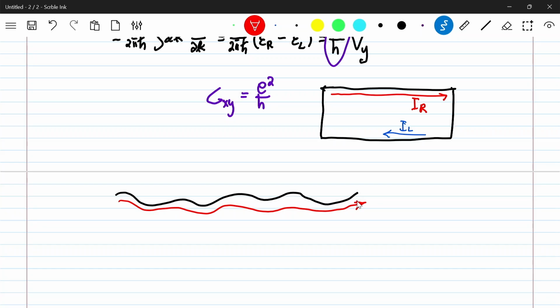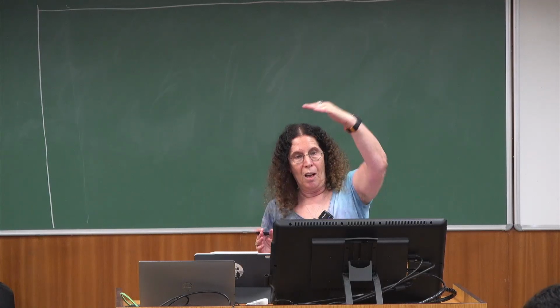So maybe the flow pattern will be a little more complicated, but it will not change the fact that overall we have more right movers near the one edge and fewer left movers on the other edge. As long as the sample is big compared to a magnetic length, which is 100 nanometers or something like that, there's no tunneling between the edges, and there will be a perfect conductance, okay?